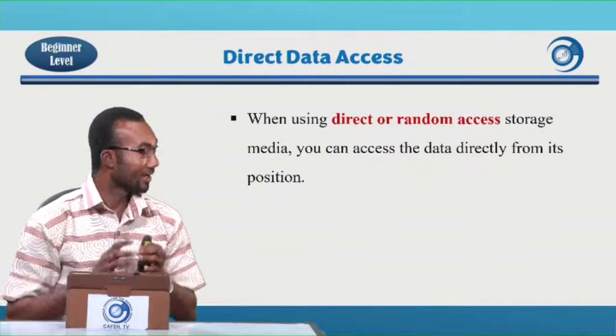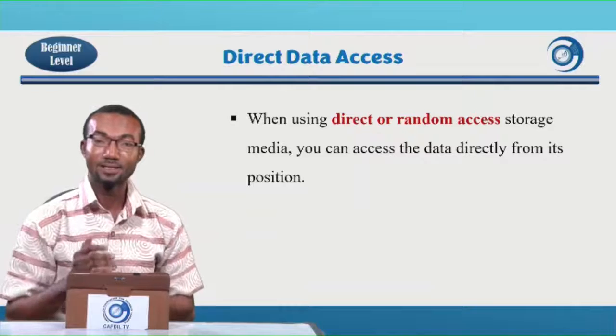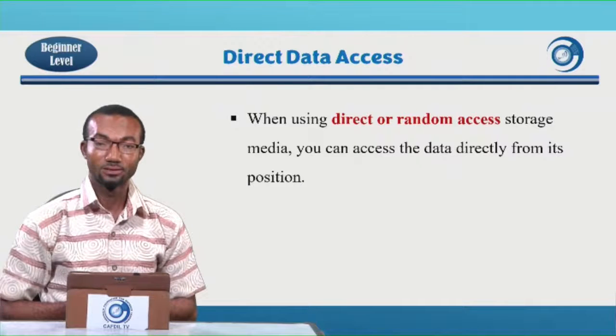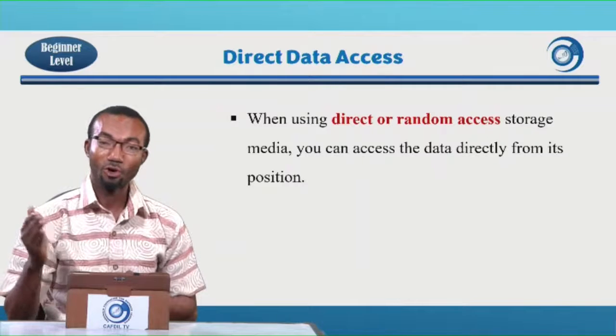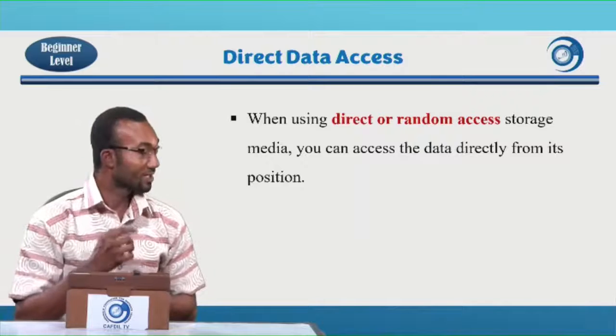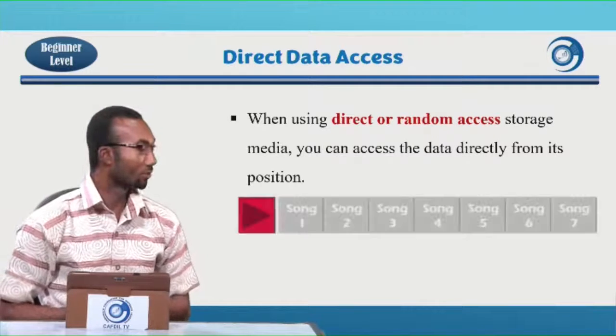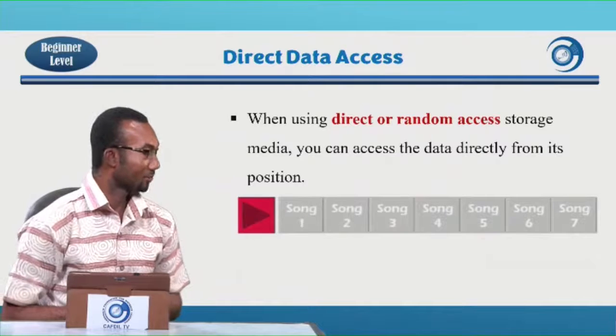When using direct or random access storage media, you can access the data directly from its position. Unlike the serial, where you have to pass through all the records before you get to the required record. With this direct, you can directly go to the data you are looking for. So let's look at the same example.